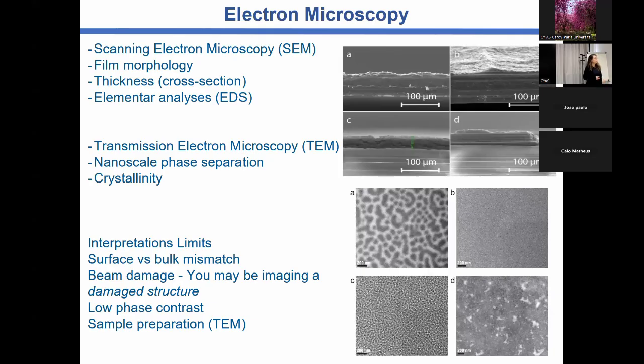So we also have a transmission electron microscopy that can observe the nanoscale phase separation. And also the crystallinity of the organics, but you must have this that is not so common for organics.